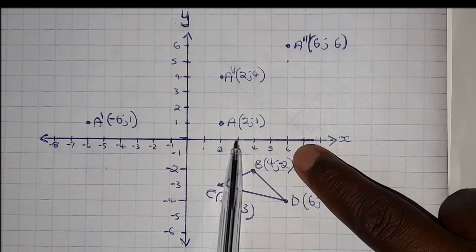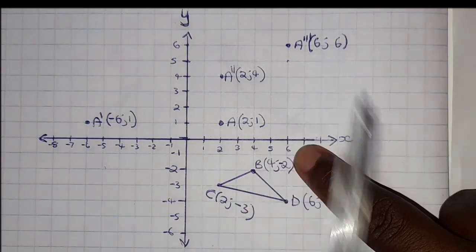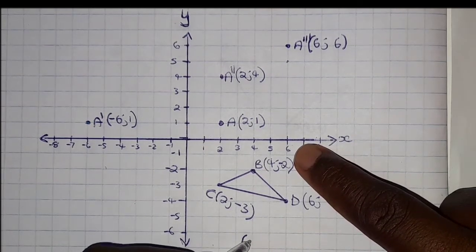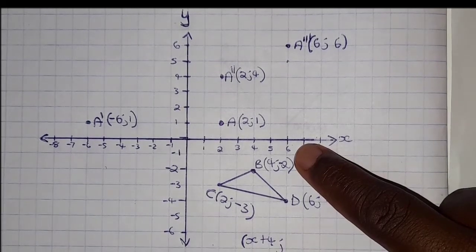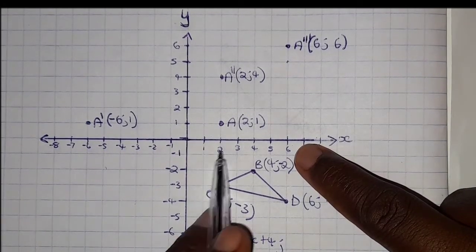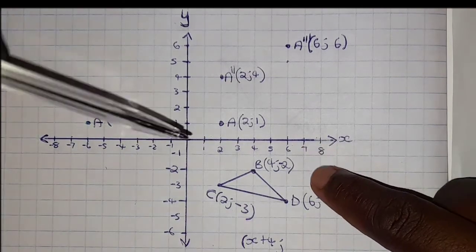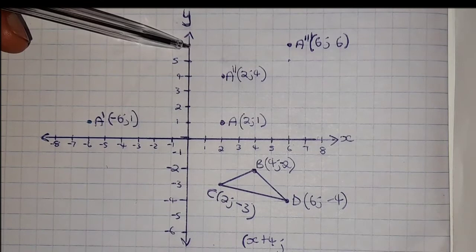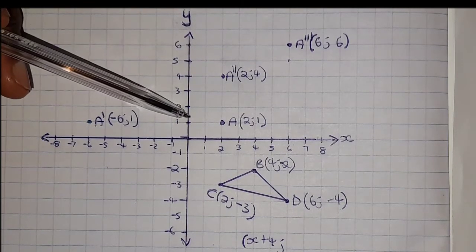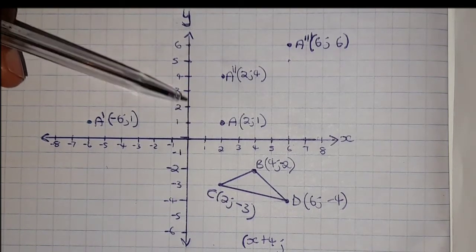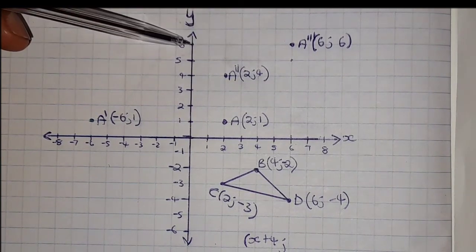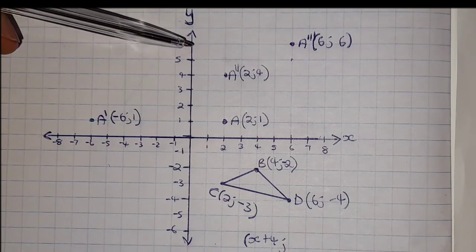From 2, 1, 2, 3, 4 coming to 6. So for x we have added a 4, right, from 2 to 6, and then for y is from 1 coming up to 6. We can count the number of steps. From 1 it's 1, 2, 3, 4, 5 coming to 6. So it's 5 steps going upwards.